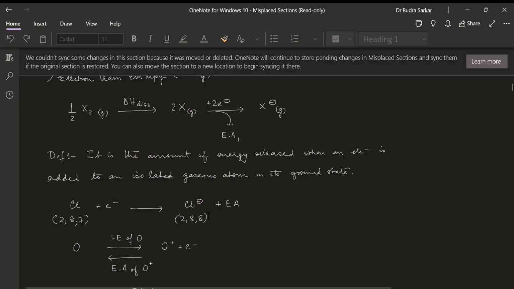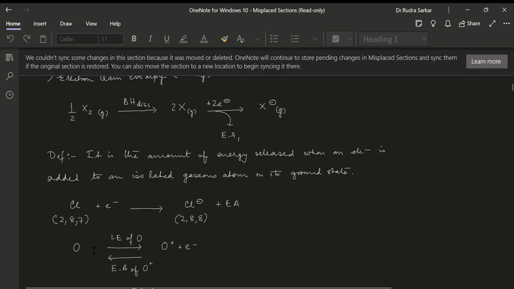This is the chloride ion, and that electronic configuration is almost isoelectronic with the nearest noble gas, which is argon. Now, while the electron is being added, it's becoming a more stable thing, so energy is released. And that's why we're calling this an exothermic process.